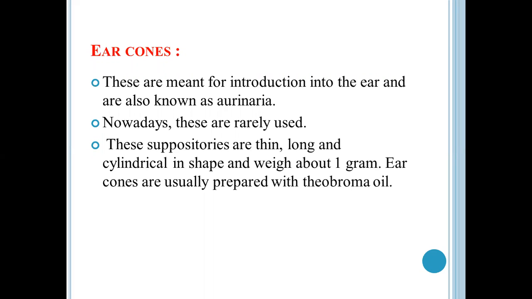These suppositories are thin, long, cylindrical in shape, and weigh about 1 gram. Ear cones are usually prepared with which oil? Theobroma oil. So this is about ear cones.